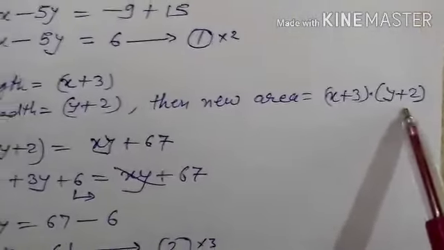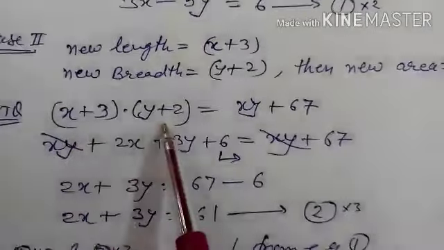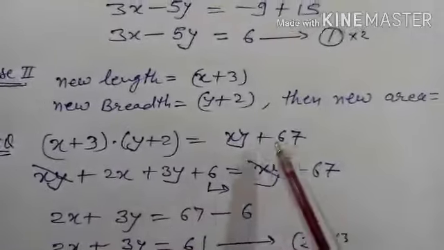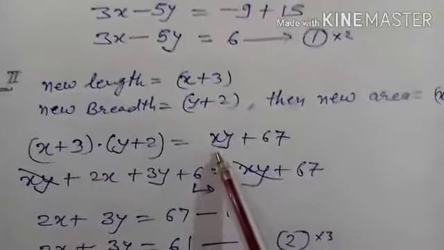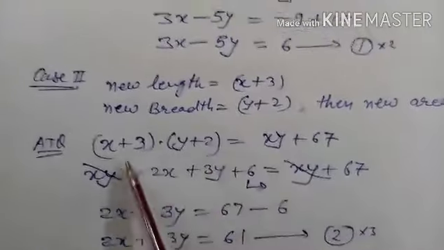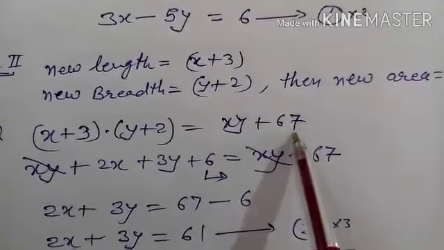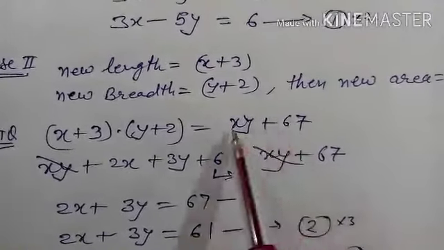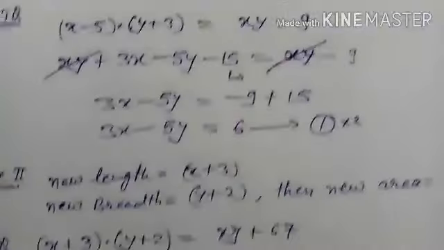According to the question, this new area is 67 square unit more than the old area, which is x into y. Our new area is increased by 67 square unit from the old one. To increase means plus sign, and to reduce means minus sign.